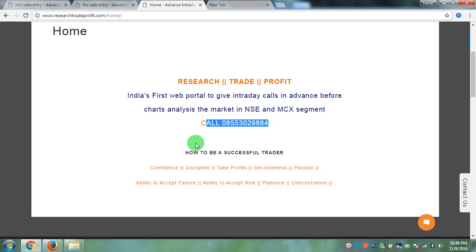As we have mentioned, to be a successful trader you need confidence, discipline, you have to take the profits, and passion, and the ability to accept failure, because once the stop loss triggers, you have to exit that position, because we don't know where the market will take us next, and you have to accept the risk of the market, because no one will give a guarantee in the stock market.